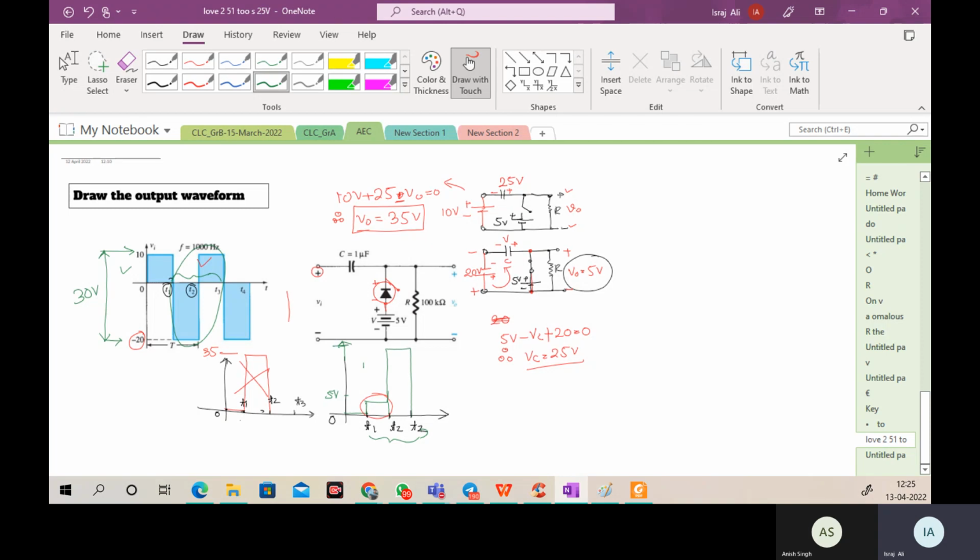What is the maximum voltage we are getting? Can anyone say? 35 volt from this equation. And what is the minimum voltage we are getting? 5 volts. So what voltage are we expecting between these two? We are expecting 30 volt. Correct. So T1 to T3.